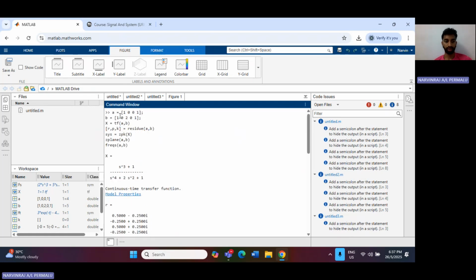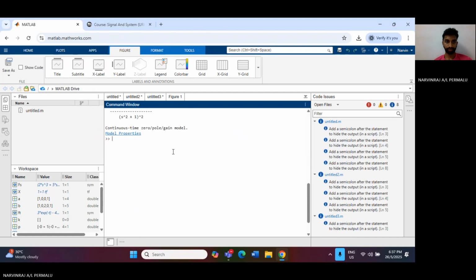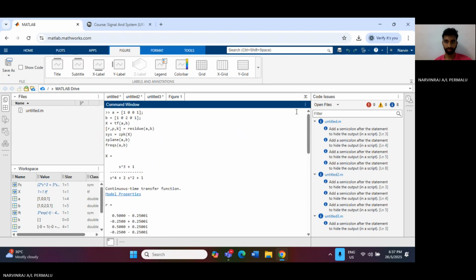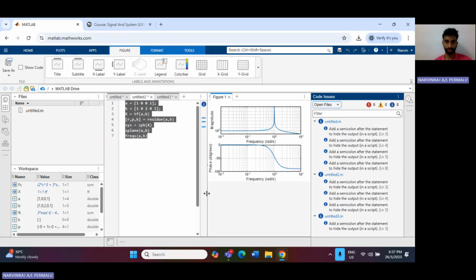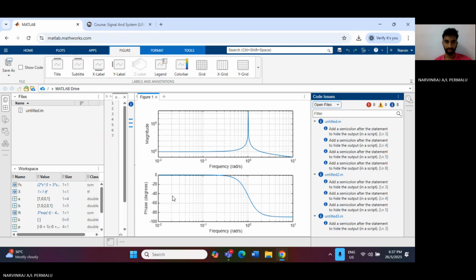This task requires finding poles and zeros, then showing the magnitude response, that means the graph. So you can see the graphs also. This is the magnitude graph. Then this is the phase in degrees.